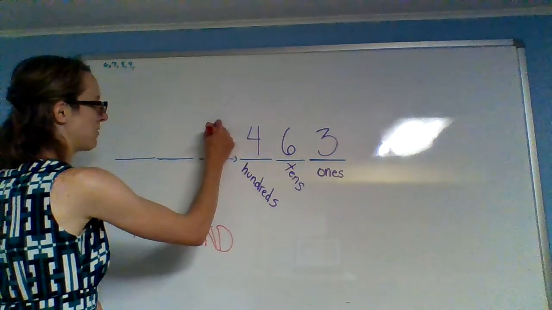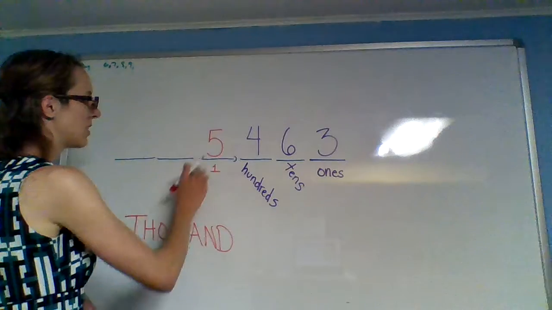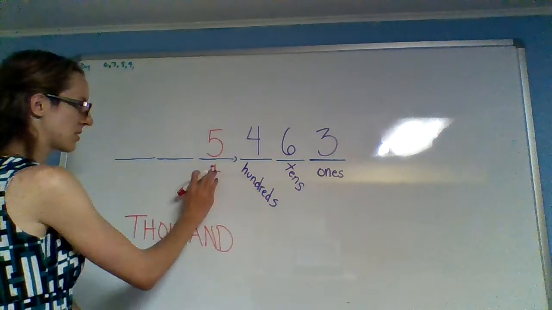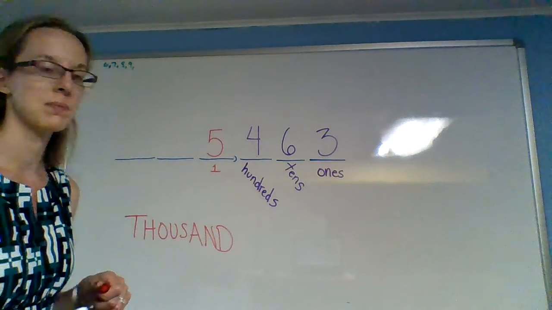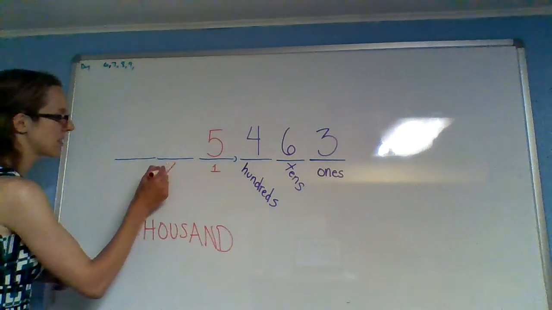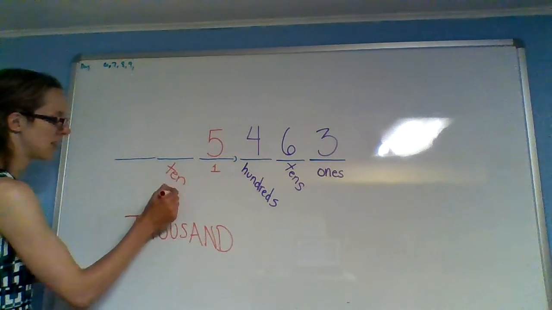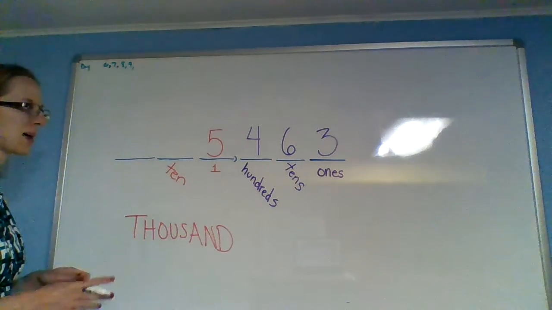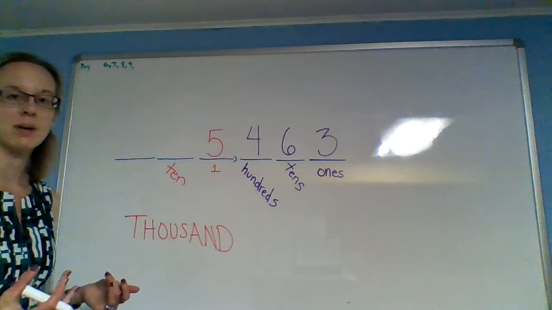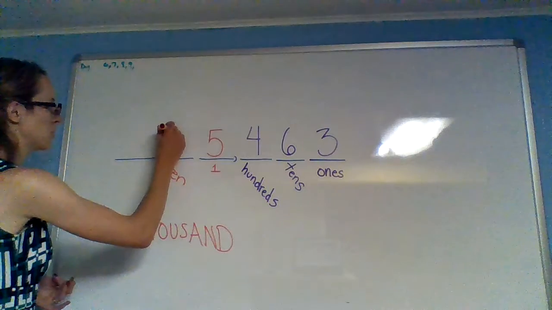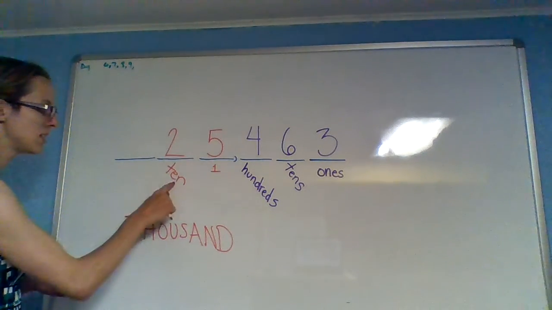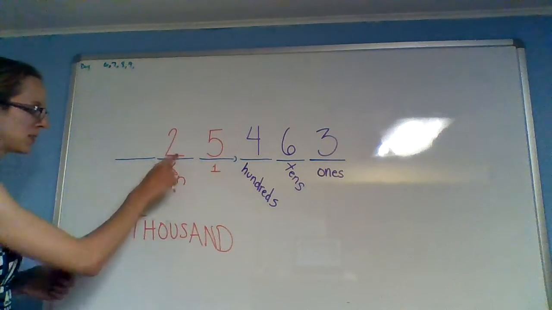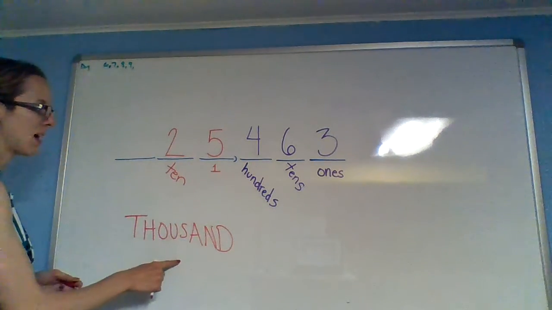So if I put a 5 in here, it's 5,000 because each one of these is just a single thousand on its own. The spot next to that is going to be the 10,000 spot. Whatever number I put in there, say I put a 2, is representing that I have 2 10,000s of that, which means I have 20 thousands.